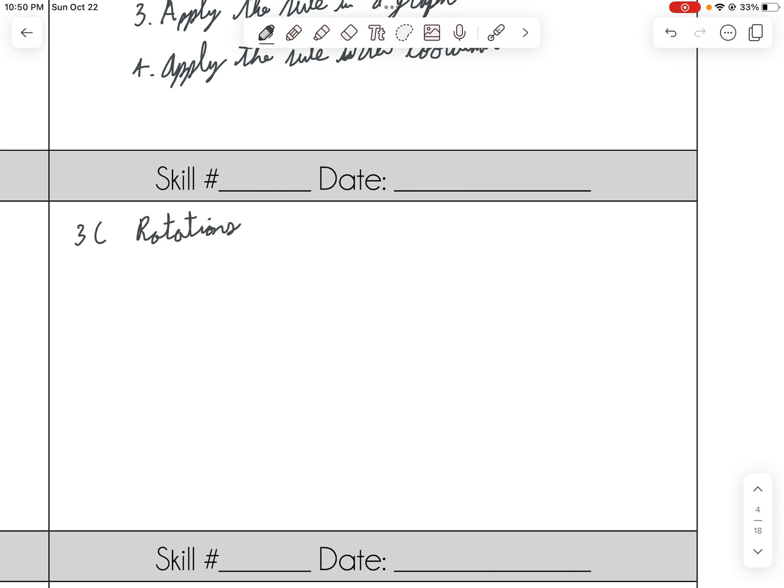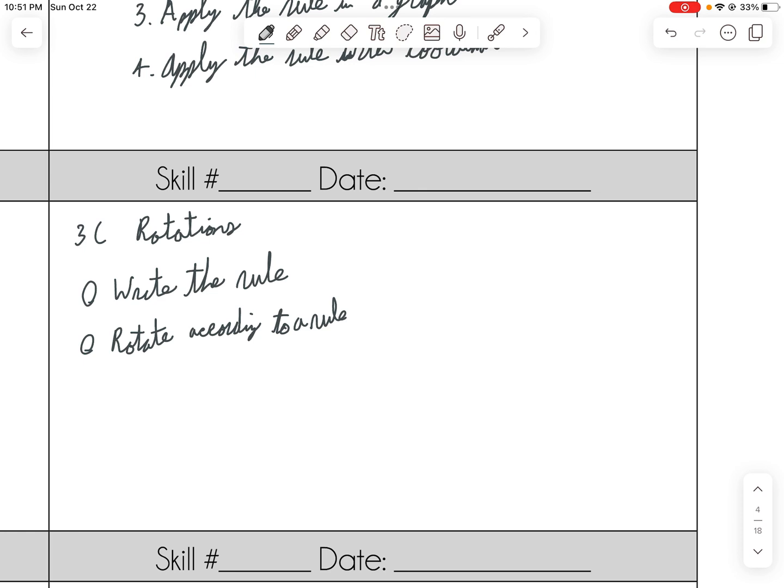For rotations, we need to do a few things. We need to be able to write the rule. We need to be able to actually rotate according to a rule. So you need to be able to read the rule.